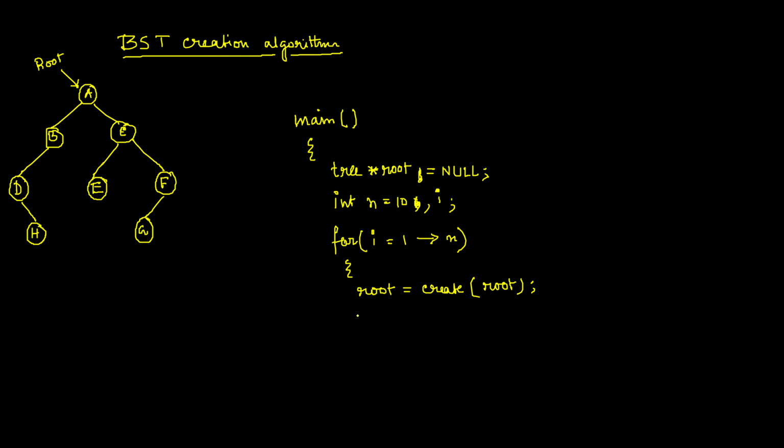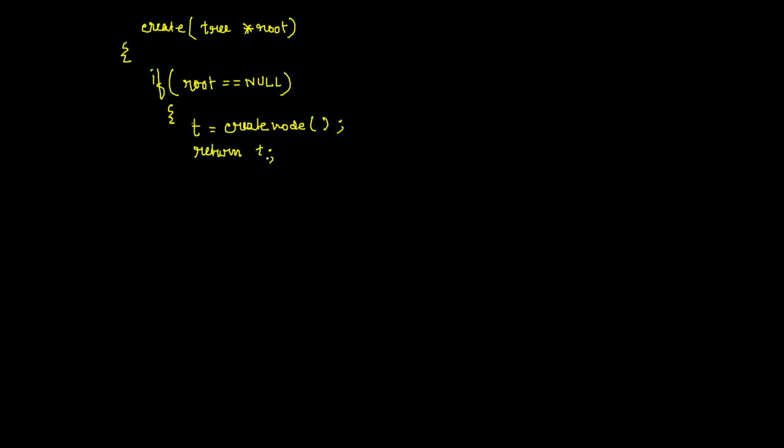When this create function is called the second time, root doesn't contain null. It contains some valid address, right? And that's why next time root equal to null will be false, which I want, because from the second time onwards not only do I have to create the node, I have to connect it. I cannot do it within the if statement, so there is an if else.